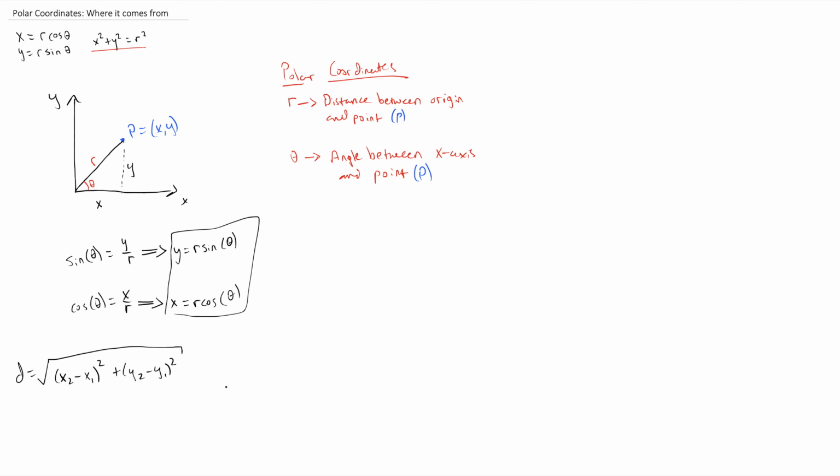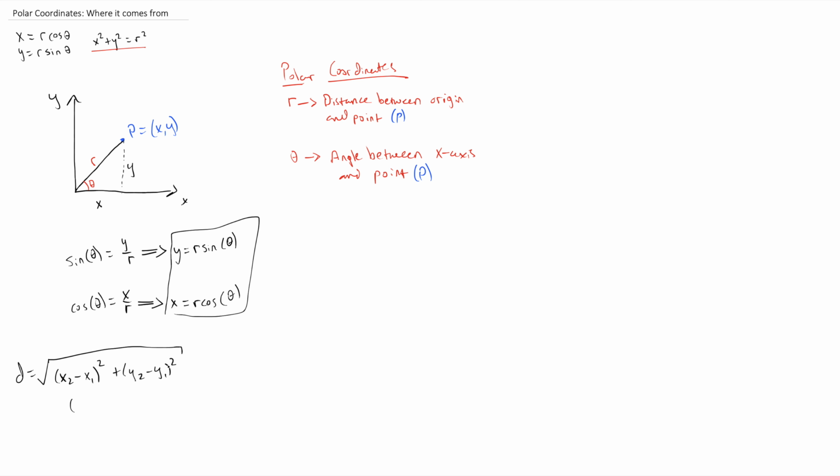All this is under a square root. Now for us, we are trying to find the distance from the origin to some point that has an xy coordinate. What does that mean? We know what the coordinates of x1 and y1 is. That's the origin, so that's going to be 0, 0.